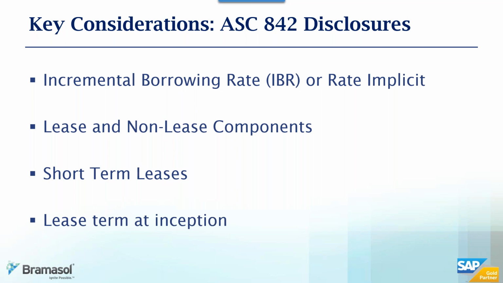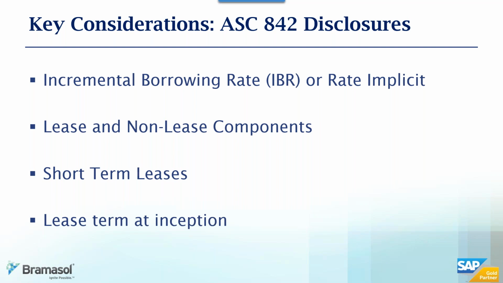So the first topic is the incremental borrowing rate, as we call it, the IBR. As we know, under 842, the guidance is quite specific in saying that you have to use the rate implicit within the lease contract. Well, as we know, most lessees would not have the rate implicit in the contract.